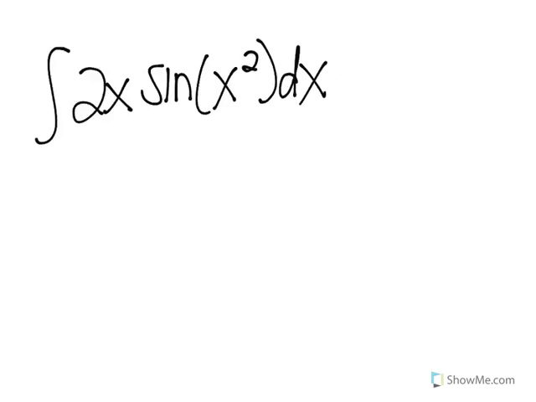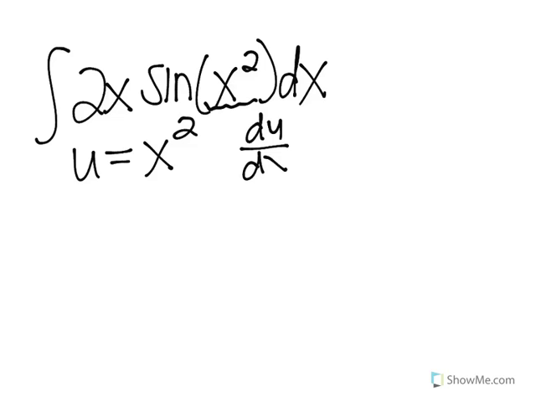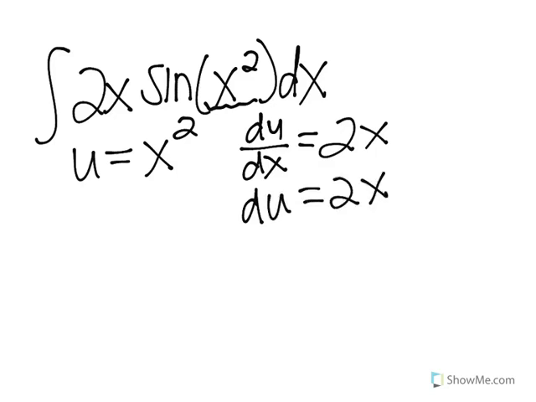When we return to our original problem, we see here that this function x squared is inside of the sine function, which means that we're going to choose u in this case to be x squared. If we calculate du dx, we get 2x, which means then that du is equal to 2x dx.